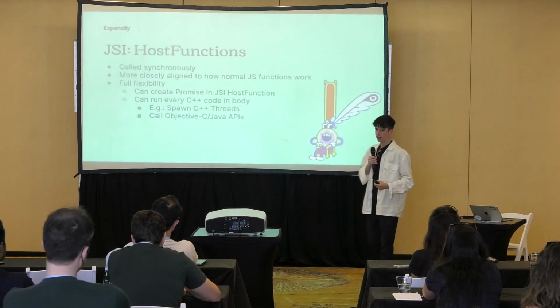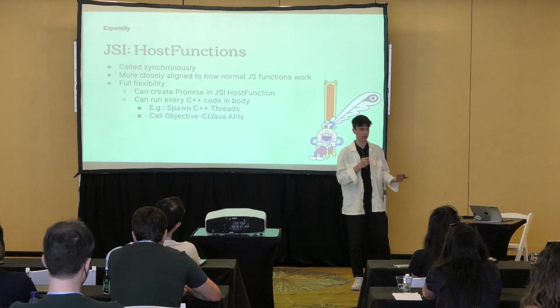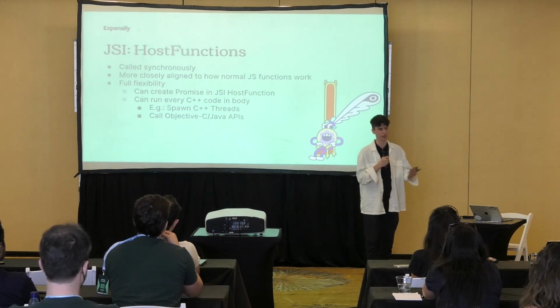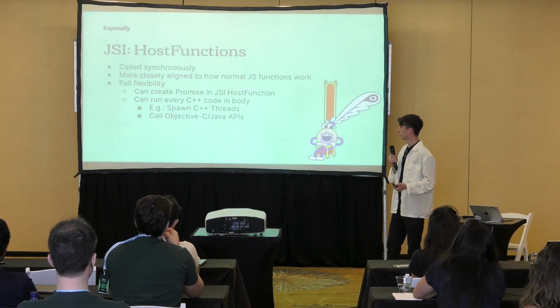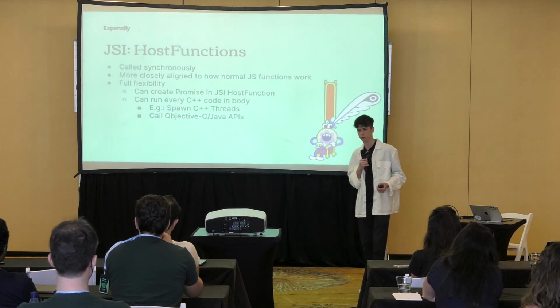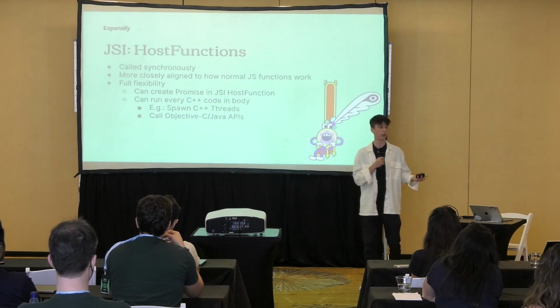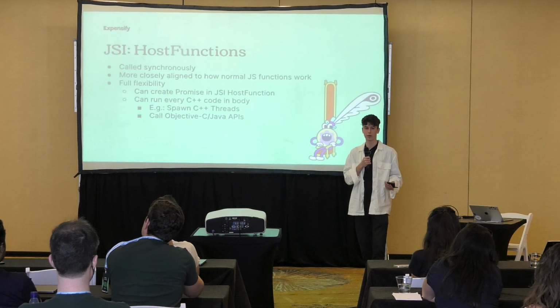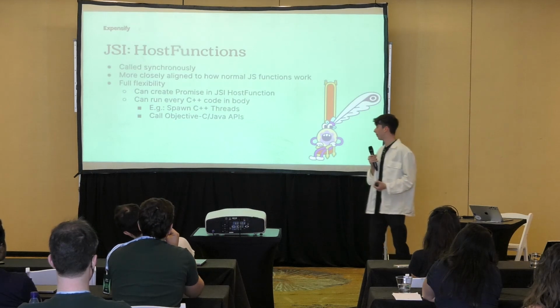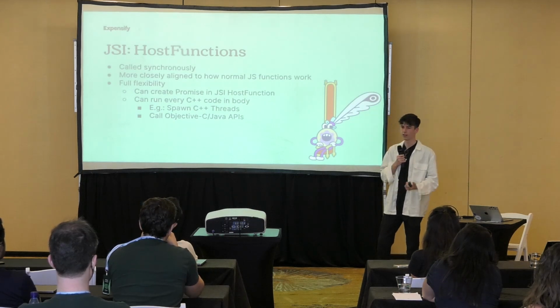It is more closely aligned to how normal JS functions work, because it is kind of like a JS function that has a C++ body. And yeah, you have full flexibility there. So you can, for example, access the global namespace. You can get global.Promise, for example, if you want to construct a promise in the C++ function. And you can just run any C++ code in there.